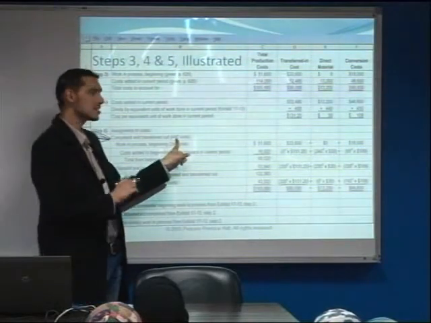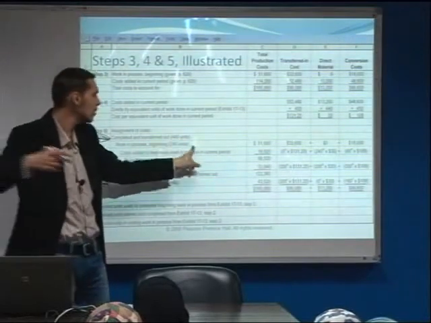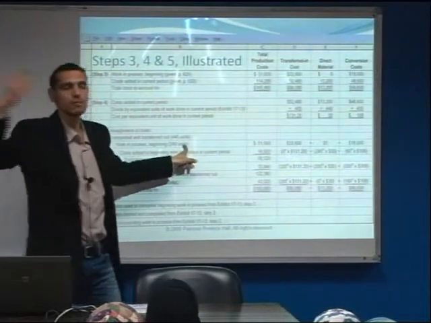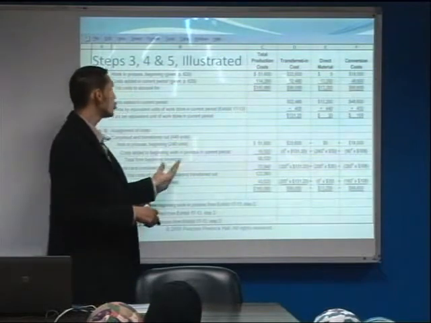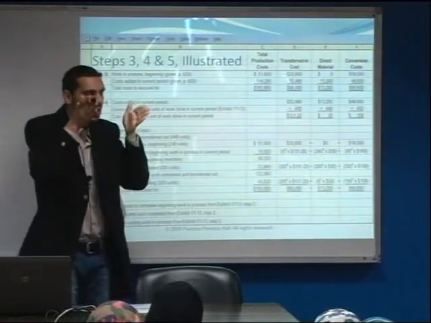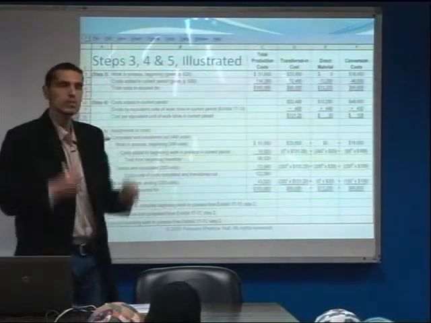Because as we said, we have 440 units that have been completed. 240 were started in the previous period and finished in this period. And we have 200 units that were not started but transferred in within this period and finished also in this period.